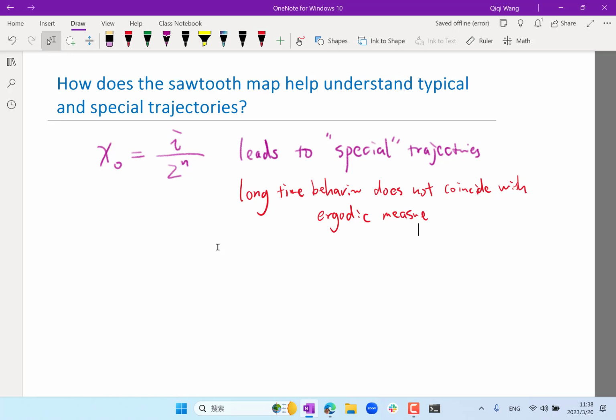Can somebody think of a different trajectory that also does not have a uniform distribution? An obvious generalization is any number with a sequence of pattern. Can you think about the simplest pattern?